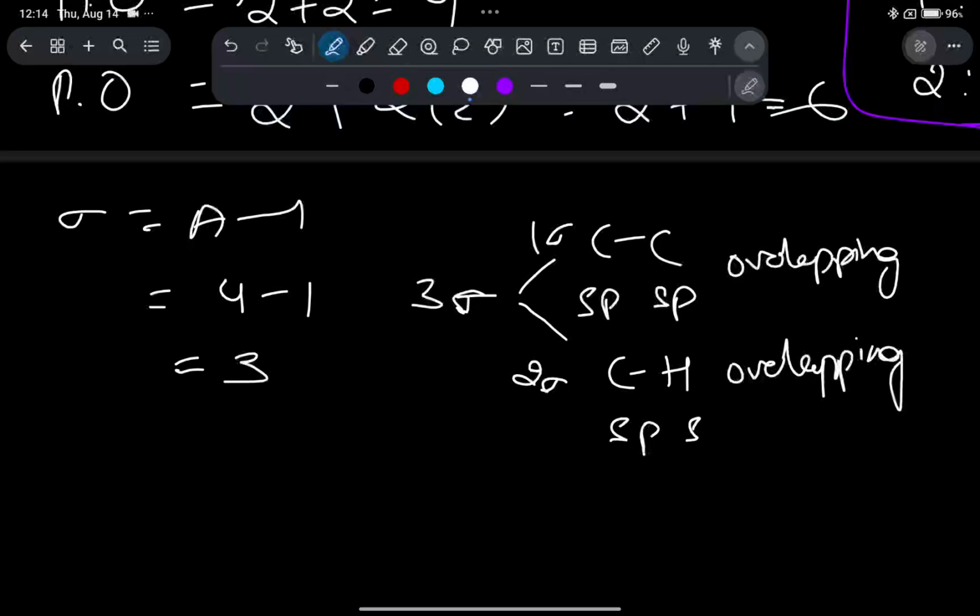So it's a complete one, but sometimes questions will be raised about how many sigma and pi bonds are present in benzene.